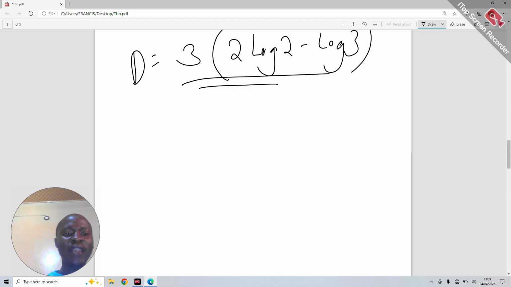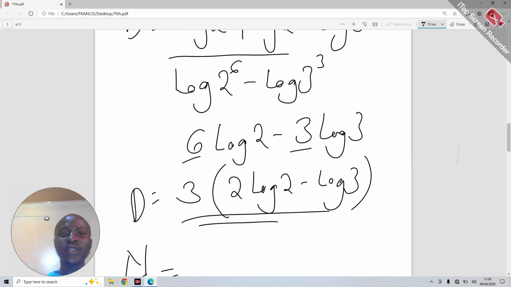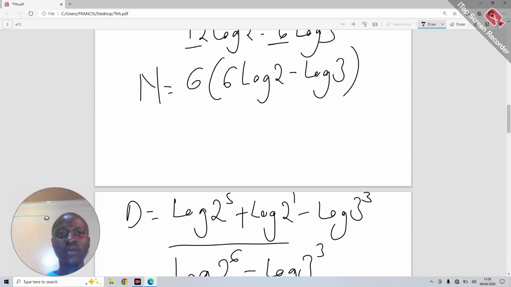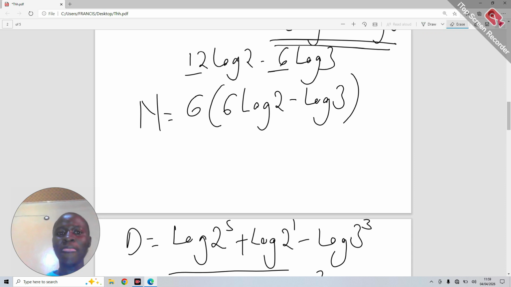Now let's combine them together, n over d. So our numerator was, oh, I'm sorry guys. When we factor out this, we have 2 here. Sorry for that.